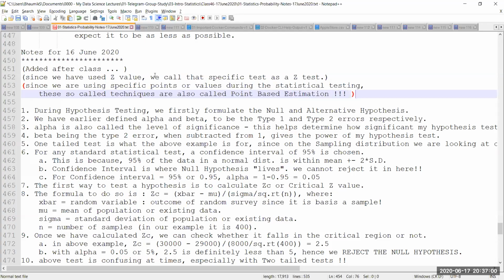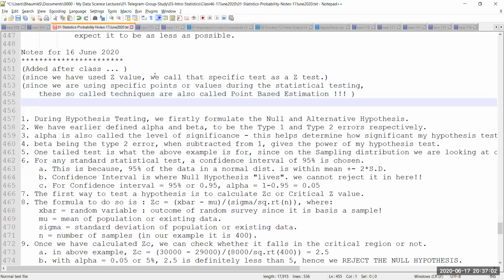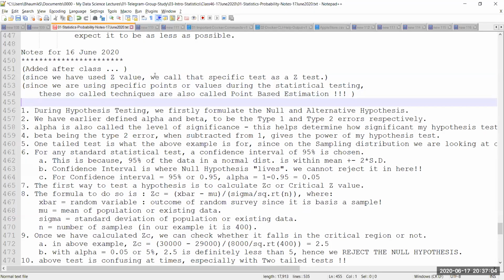Basically we are trying to do some form of estimation, although we are not really doing that. We are doing a kind of inference, but it is known as point-based estimation because we are doing this inference or estimation basis some points, some values.